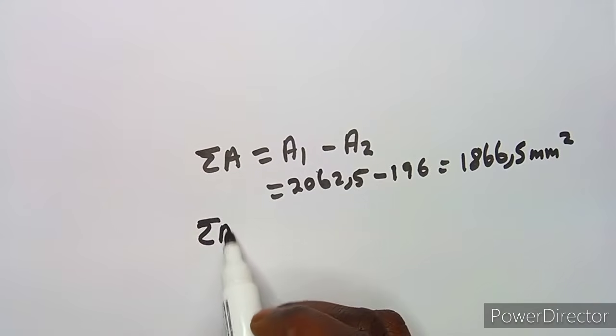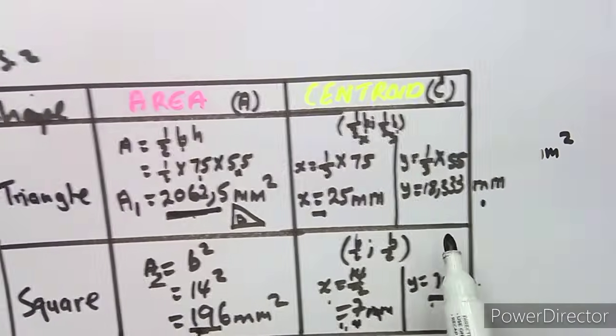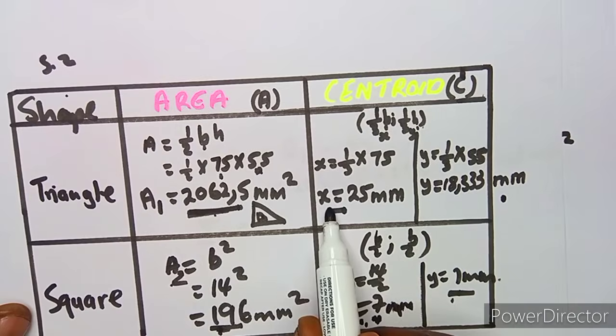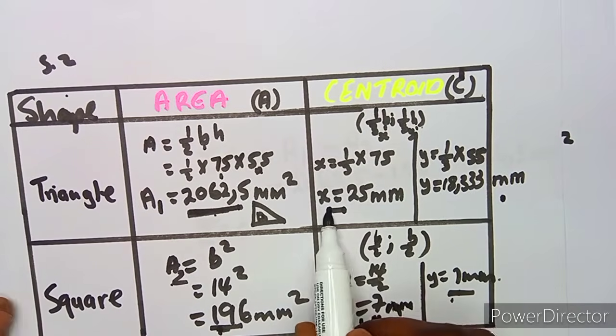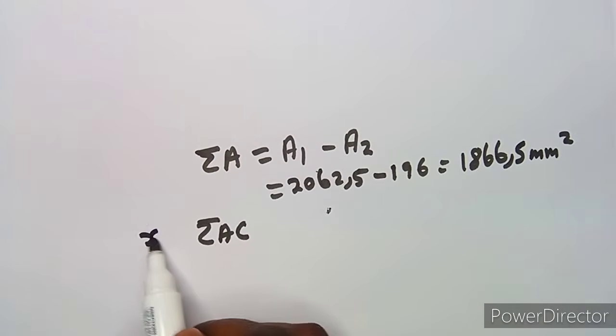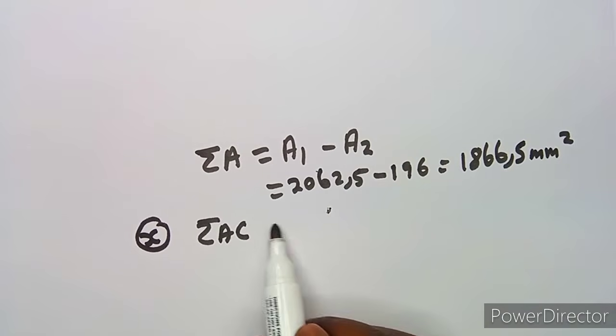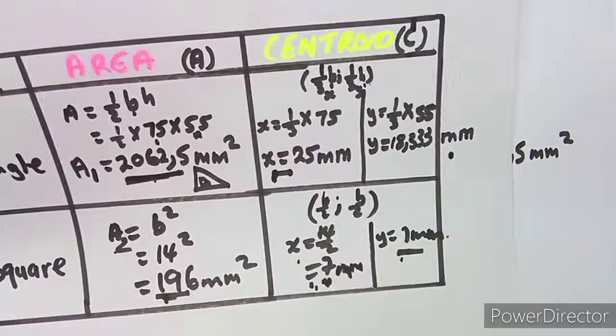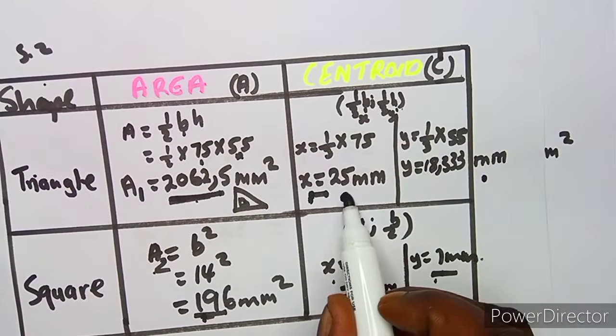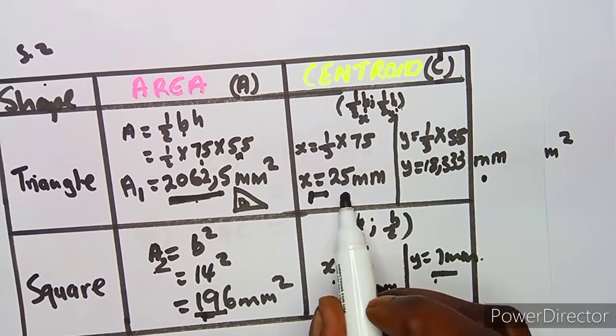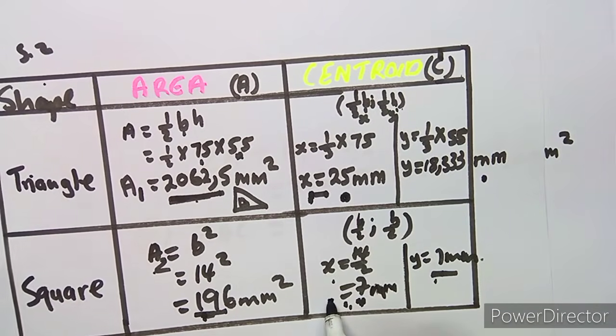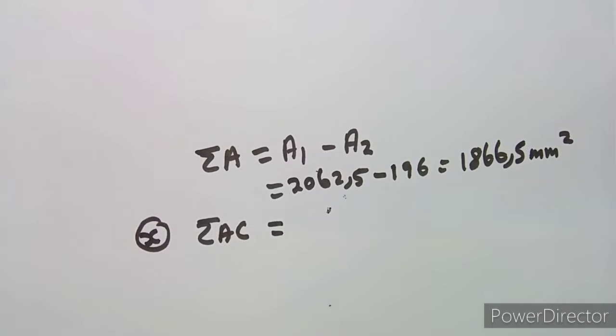Then we calculate the total moments now, and we work with x first. So the total moments for x, we do the same. You subtract the area moment that you obtained for the triangle for x minus the one for the square for x, and we have them here.